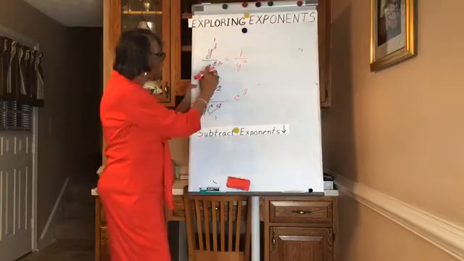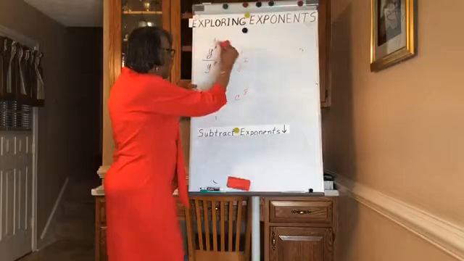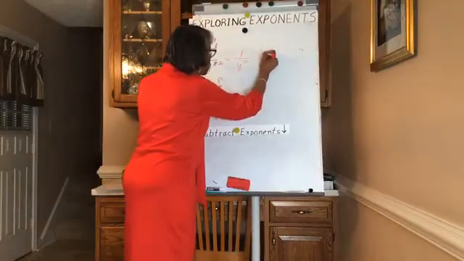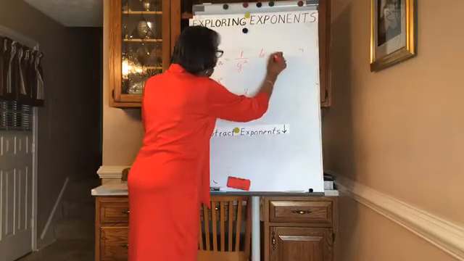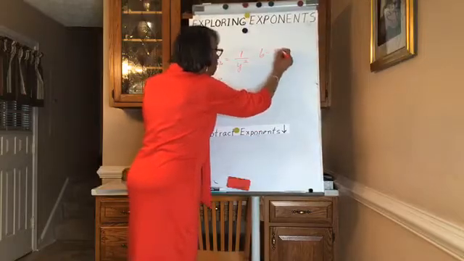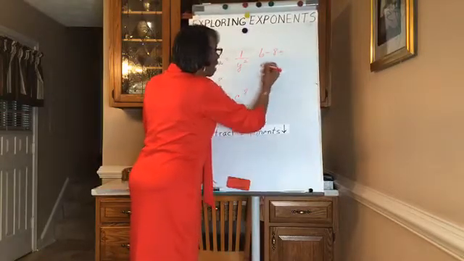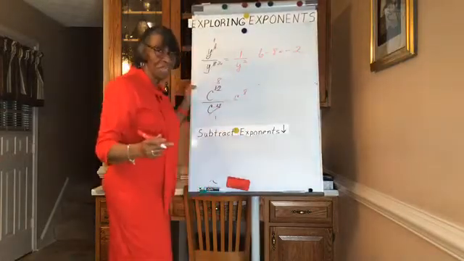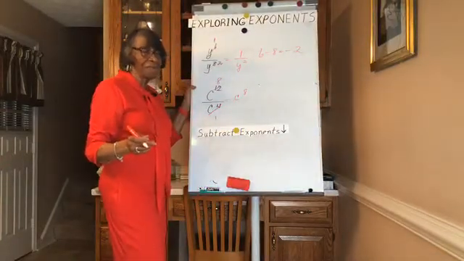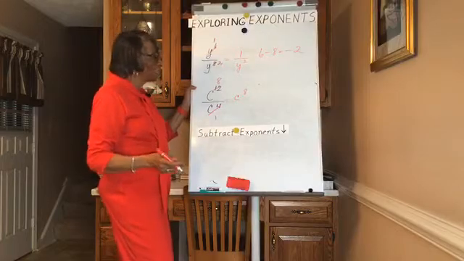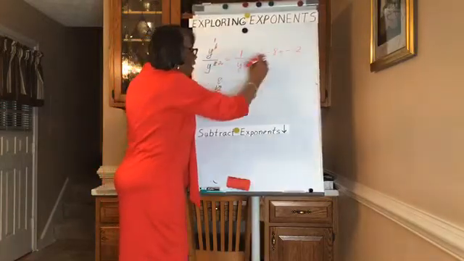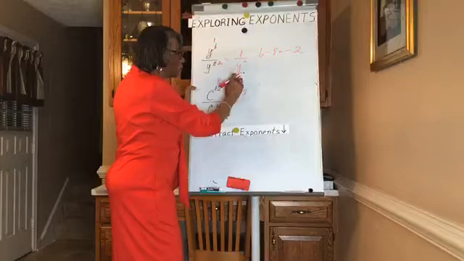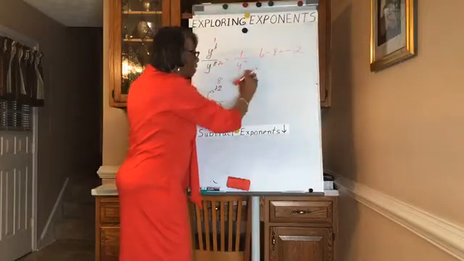So let's see what we would have gotten here. So we'd have 6 minus 8. And that equals negative 2. Now, next week when we get to negative exponents, you understand that that's why this is in the bottom, not at the top.